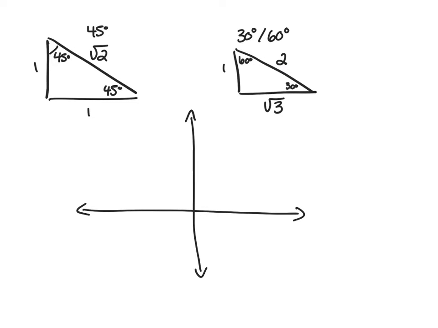But essentially, what they're doing is, let's say we want to do 45 degrees. They're setting it up here, and they're setting it as 1, 1, and root 2. So when they're talking about using the unit circle to figure it out, all they're doing is using this triangle.